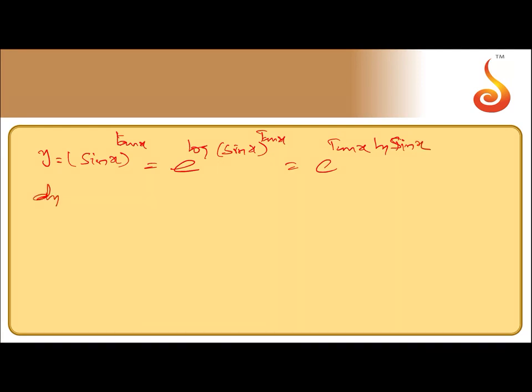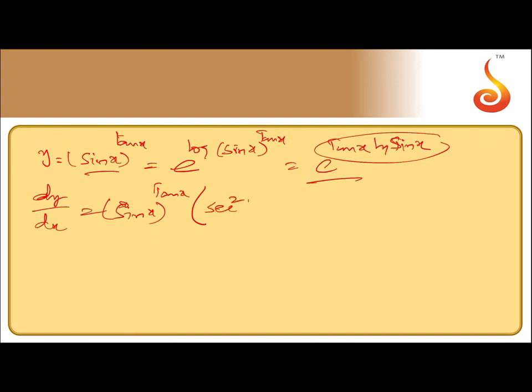Now let me find the derivative. Dy by dx is e power the same expression, that's nothing but sine x to the power of tan x, multiplied by the derivative of this one.